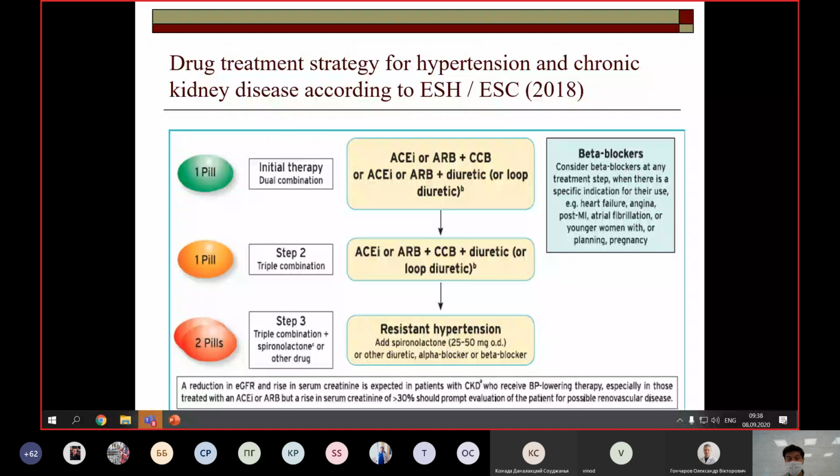So nowadays, the combination of ACE inhibitors or ARBs plus calcium channel blockers and diuretics is recommended generally for patients having hypertension and chronic kidney disease. To prevent resistance to this therapy, please use spironolactone, as in the previous slide.